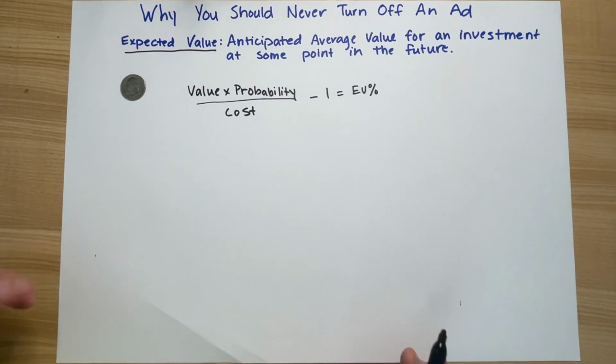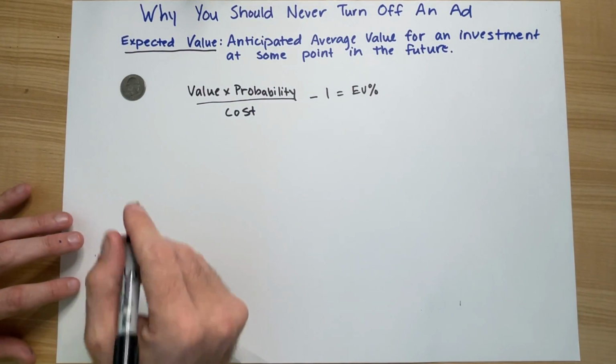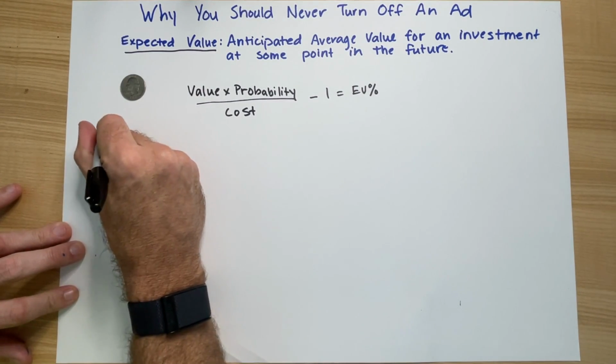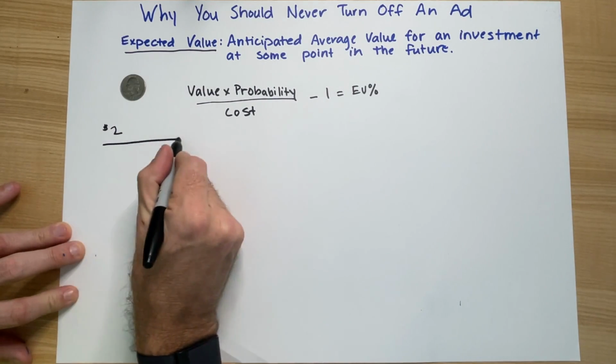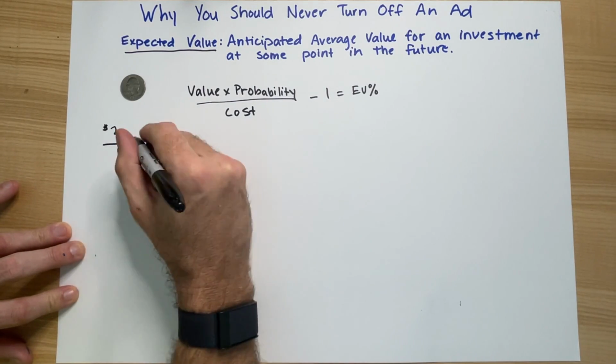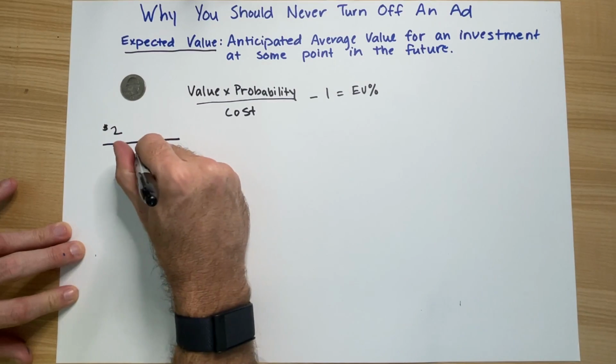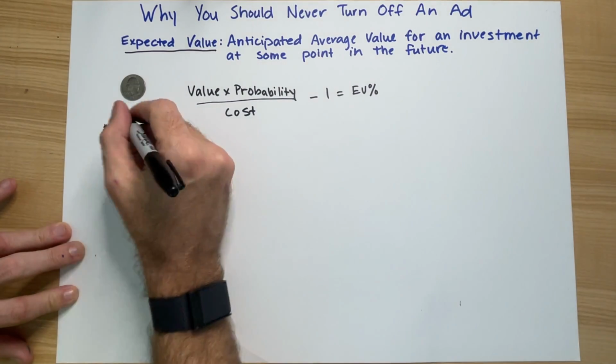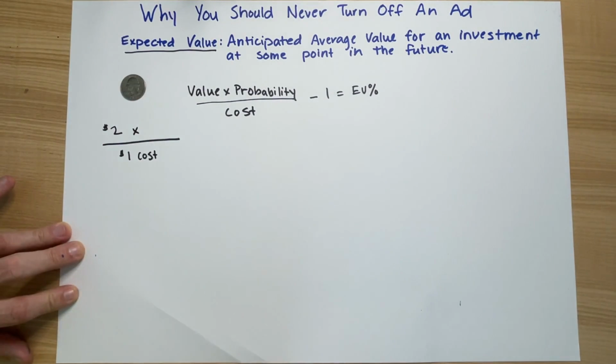So let's pretend that we're trying to get to a perfect break-even scenario. It's pretty easy to understand. The value that I offer you is I'll give you $2 for every $1 that you bet, if you guess correctly the flip of a coin. Well, what's the probability of guessing heads or tails correctly on the flip of a coin?